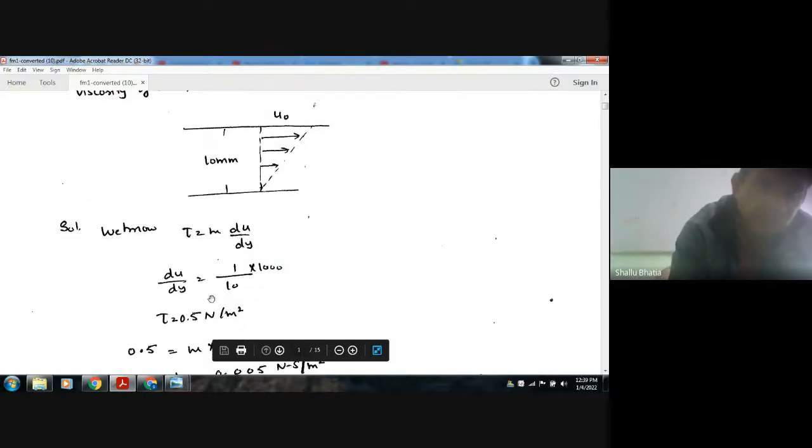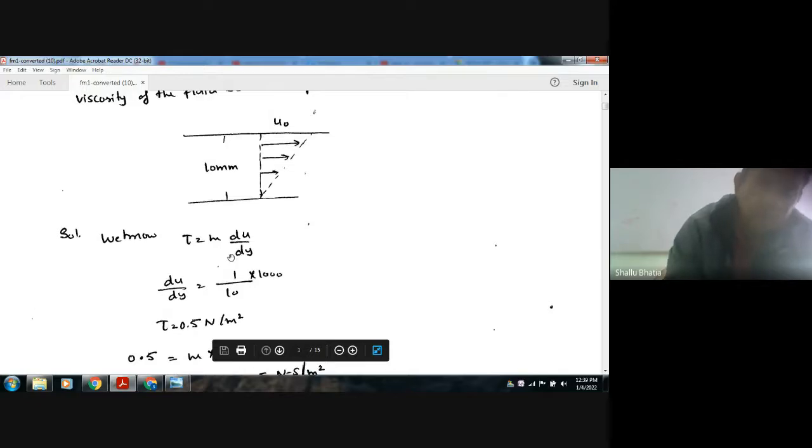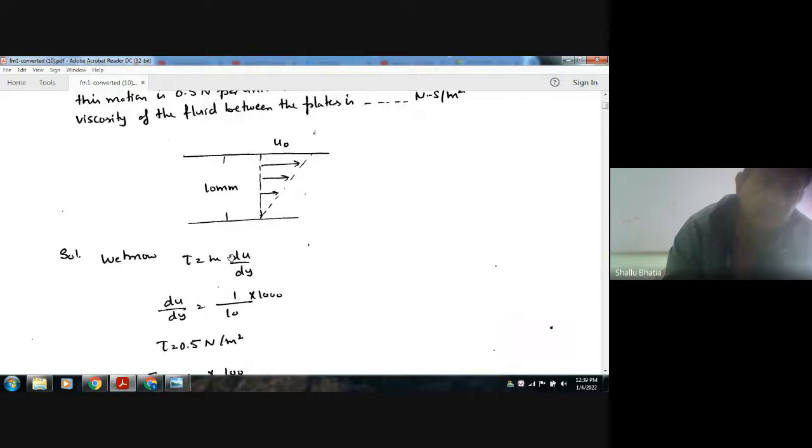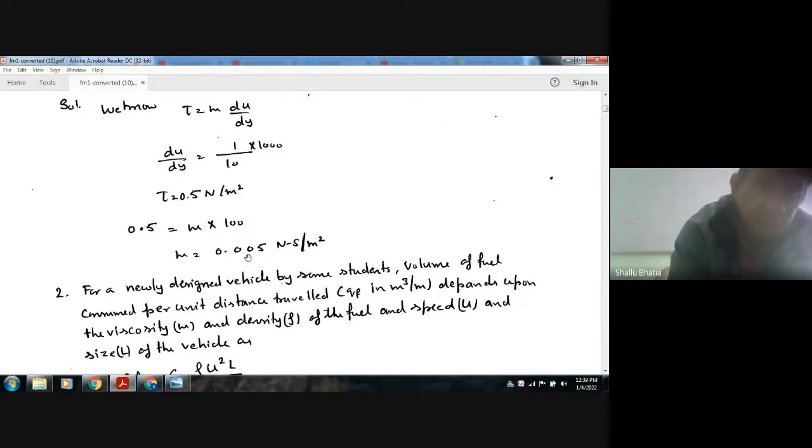So du by dy is 1000 by 10, and tau is 0.5. So mu we can figure, that will be 0.005 Newton second per meter square.